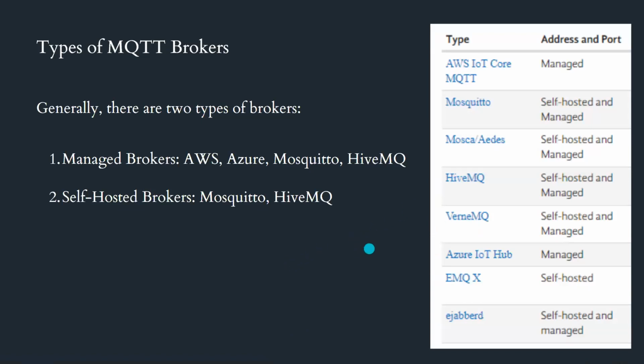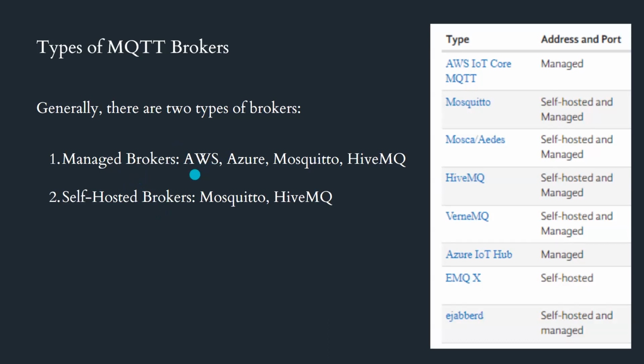So for MQTT brokers, there are mainly two types of brokers. One is the managed broker, and these managed brokers are basically third-party brokers. So these brokers are fully controlled and maintained by these companies.